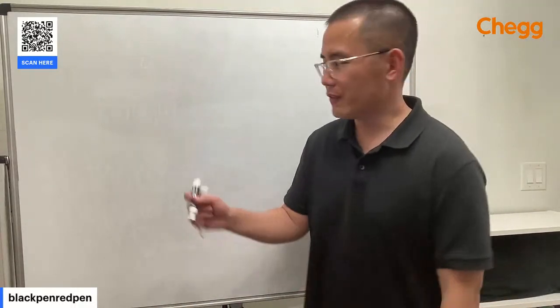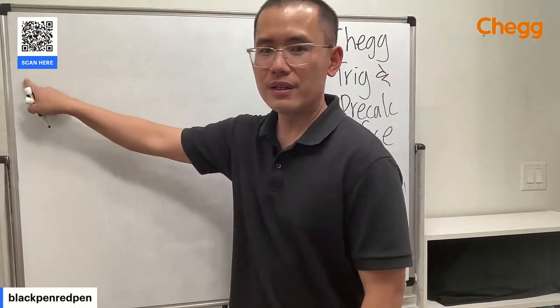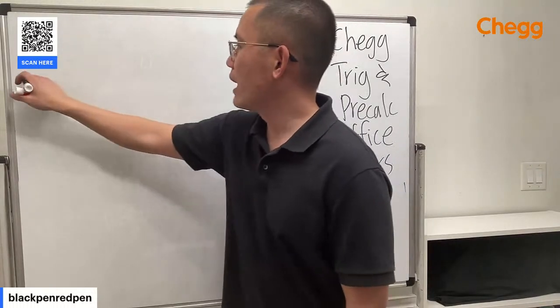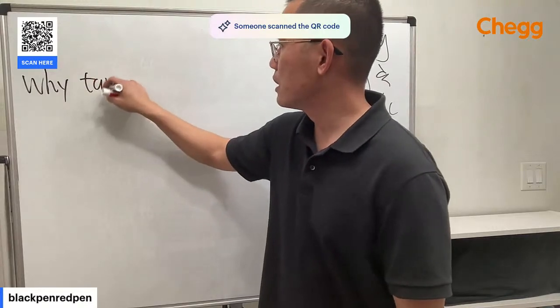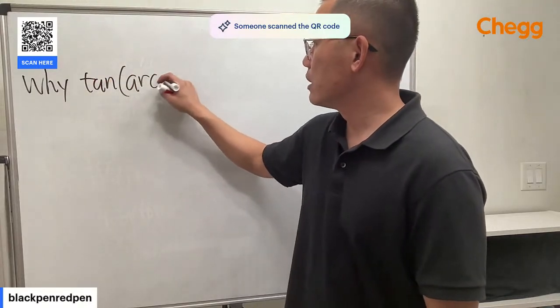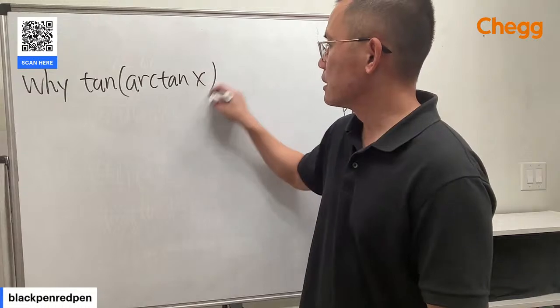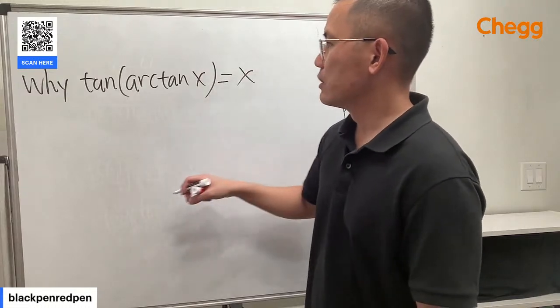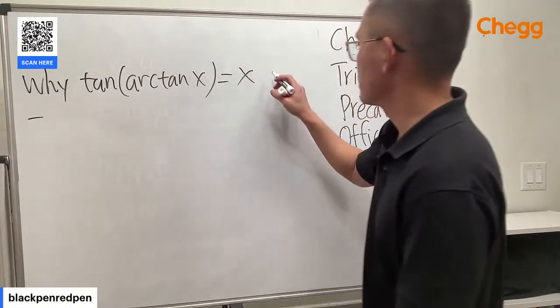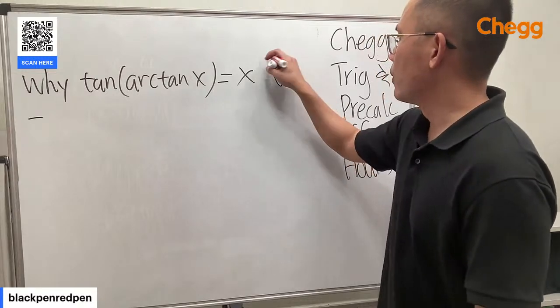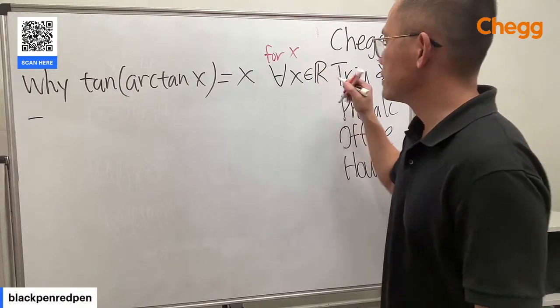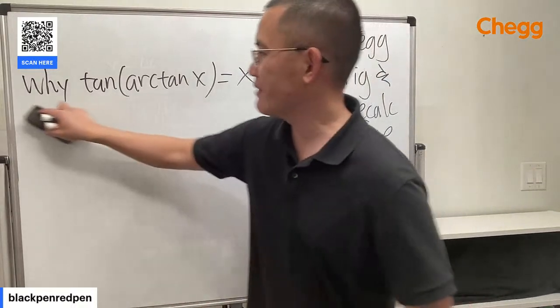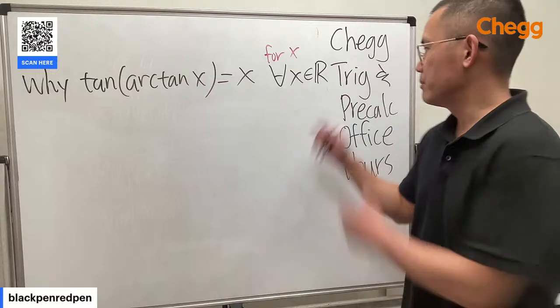The question is why, if we have tangent of arctangent of x, is this equal to x for all x? I'm just saying for all x, which means for all x in the real numbers. This is more like a mathematical notation because I'm running out of space.